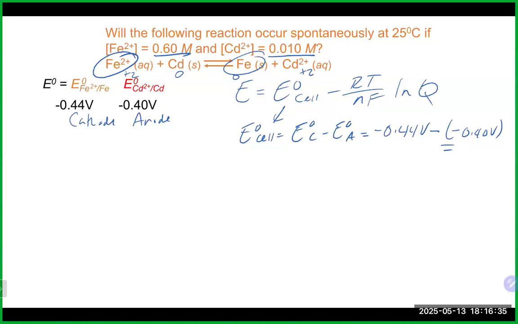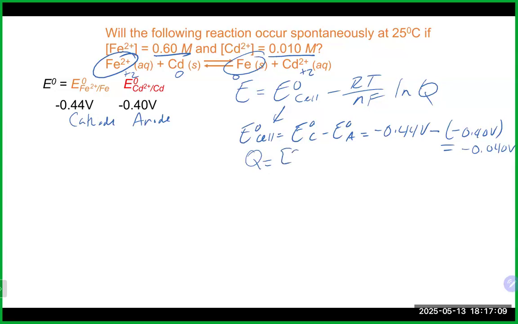Too many fours. Let's get a 4 for the answer just to make sure. Negative 0.04 volts in this case. So under standard conditions, is this reaction spontaneous? It is not. So what we're going to see now is maybe by playing with concentrations, maybe we can make it spontaneous. We would also need Q. Q is our products over our reactants.